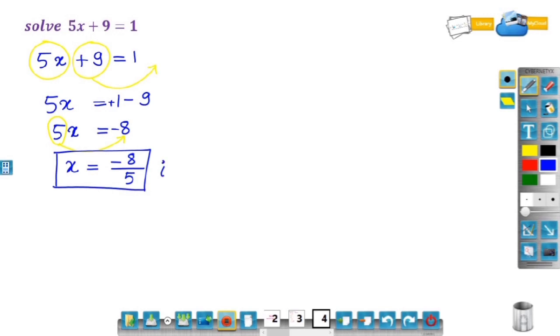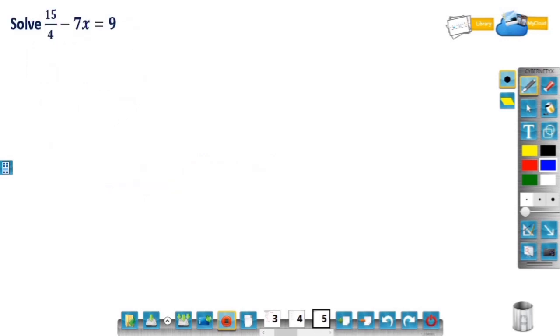We cannot simplify further, therefore x is equal to minus 8 by 5 is the solution. See the next one.